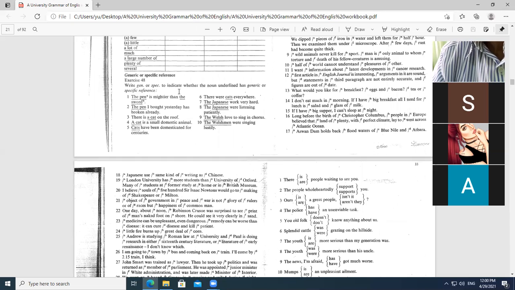Okay. Exercise 48, generic or specific references. Write gen or spec, generic or specific, to indicate whether the noun underlined has generic or specific reference. Now, number one.